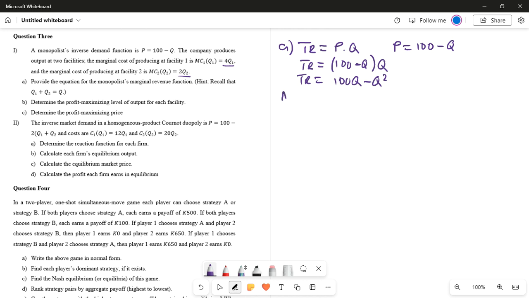But the question is asking us to get the marginal revenue, which by now we know is just the change in total revenue due to a change in output. In short, we're going to differentiate this function with respect to Q. So that will give us 100 minus 2Q.